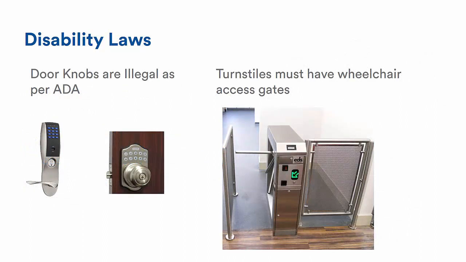And do you know why doorknobs are illegal in certain regions? It's the ADA that prohibits the installation of doorknobs in public and private settings. This is to accommodate persons with limited grip, like people diagnosed with arthritis. ADA ensures that handles do not require tight grasping, tight pinching, or twisting to operate the door.